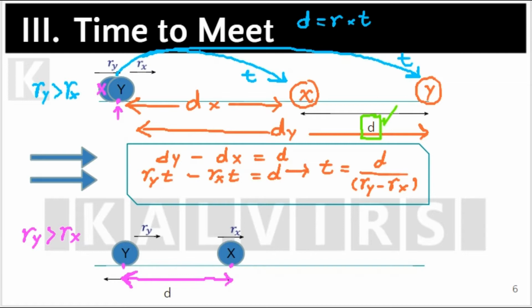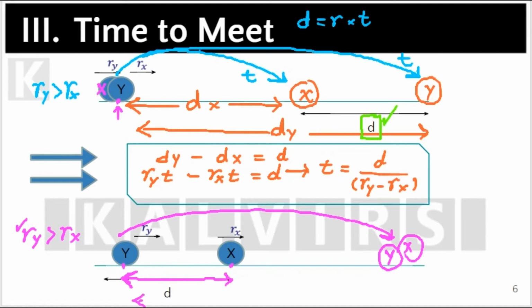It depends on the problem. But this is the distance they are separated before they start moving. And since car Y is faster than car X, after a couple of minutes or hours or seconds, they will be in the same position, car Y and car X, because car Y is faster than car X.